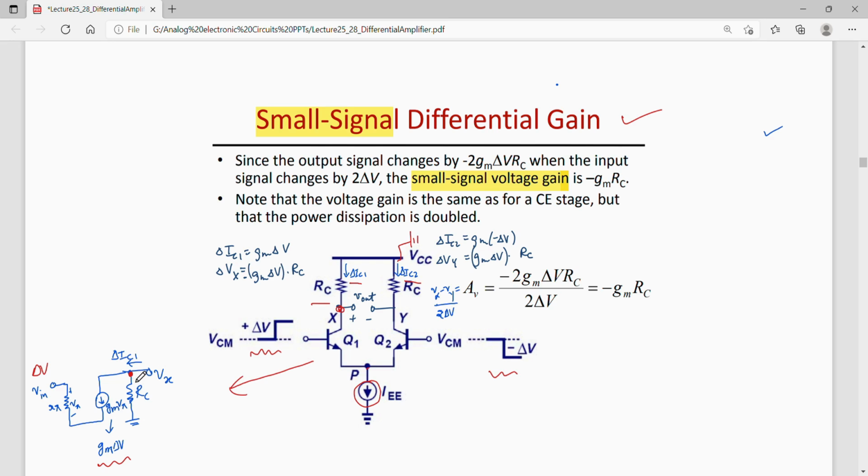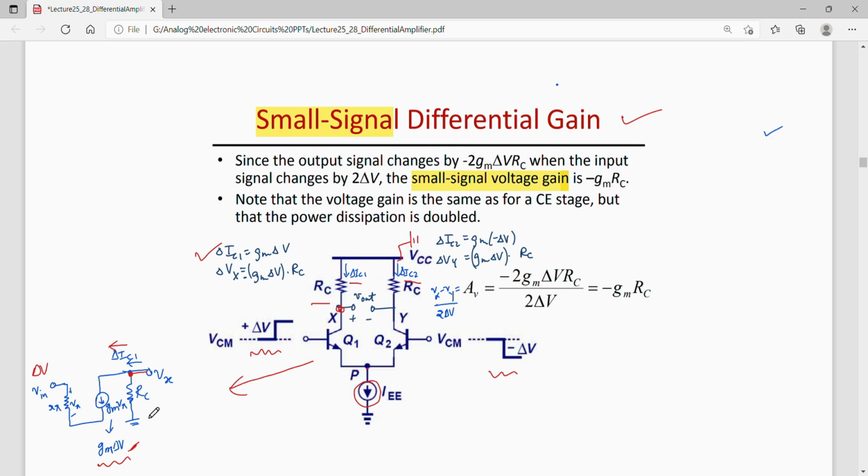Now for this circuit one can write delta IC1 as GM times delta V, and delta Vx, that is this node potential, can be found by simply multiplying this current GM delta V by RC.